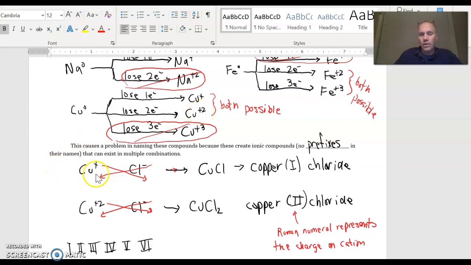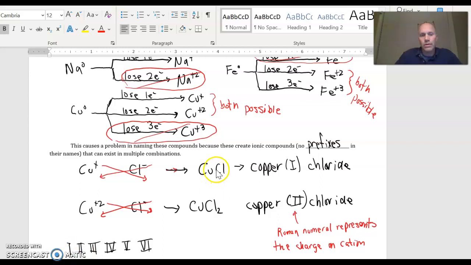So if that's true, we should be able to make an ionic compound by combining this ion with the chloride ion. And if we applied the crisscross rule, we would get a formula which is CuCl. But if we did the same thing with the other type of ion that copper can make, we should be able to crisscross those and we would get CuCl2.